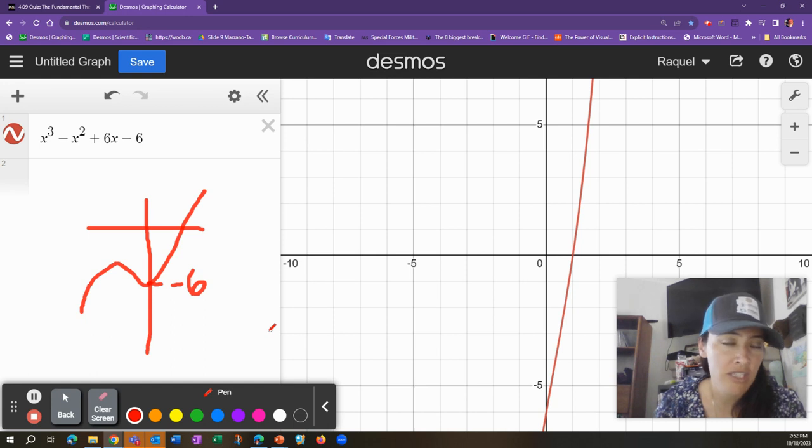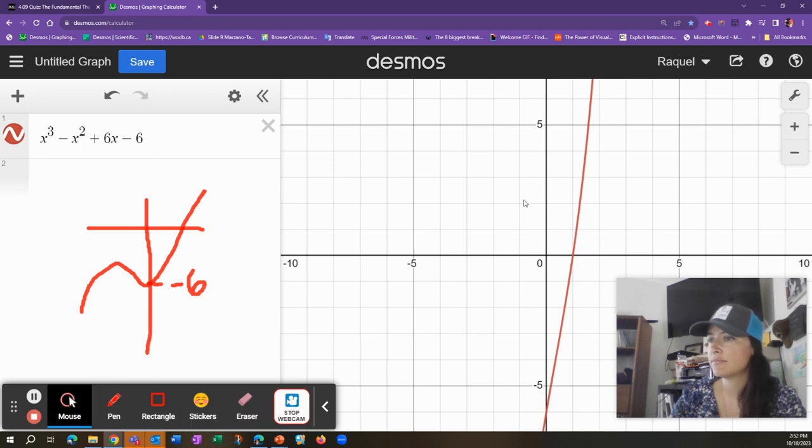So that's helpful, just key features of the graph. And I'm going to stop there. That's what I can see right now without doing any more math, not factoring, nothing, just by looking at the key features of the polynomial.